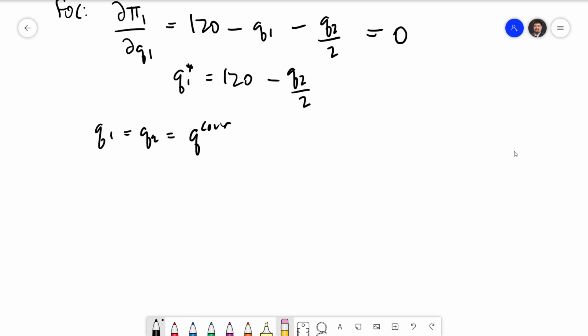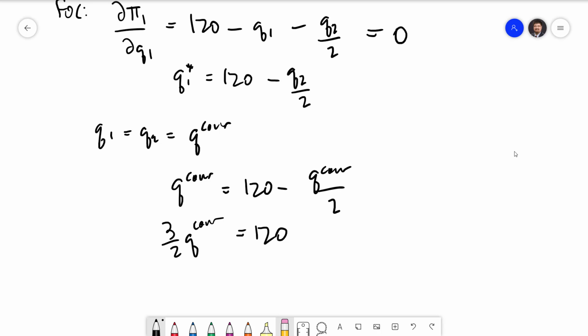And so I'm going to replace the Q1 and Q2 here with Q Cournot, 120 minus Q Cournot over 2. Add Q Cournot over 2 to both sides, I get 3 halves Q Cournot equals 120. Multiply both sides by 2/3 is going to give me Q Cournot equals 80.